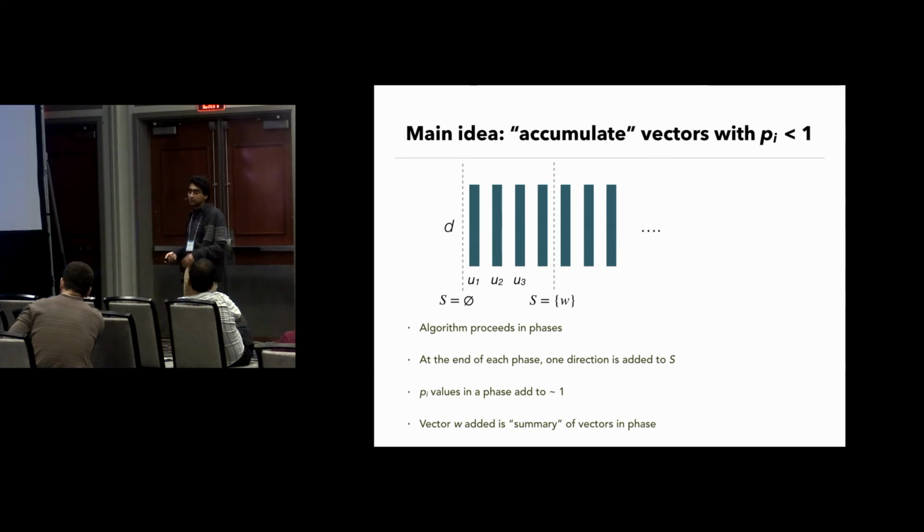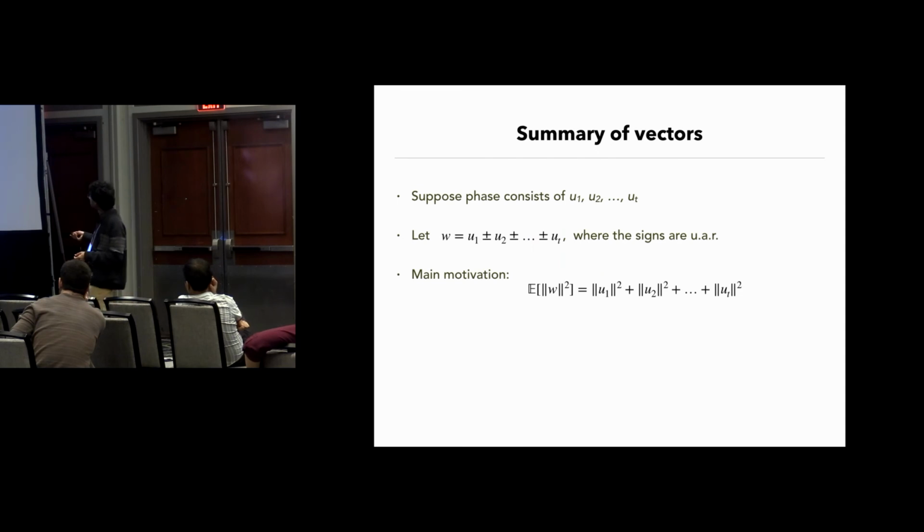So we keep track of a running sketch. Instead of throwing away a point if its p-value is too small, we keep some kind of a sketch of this vector. This is how I define the sketch: it's some signed random linear combination.